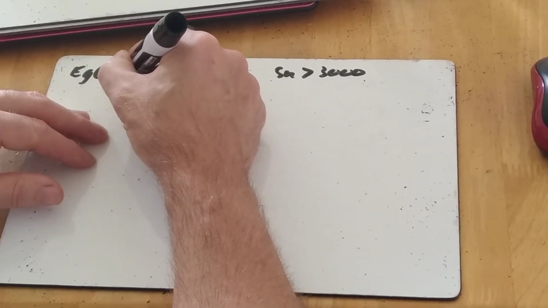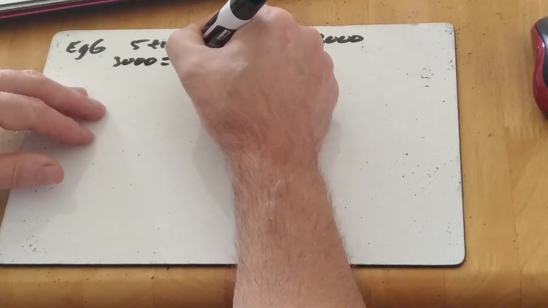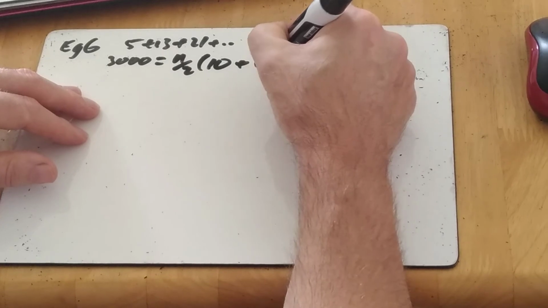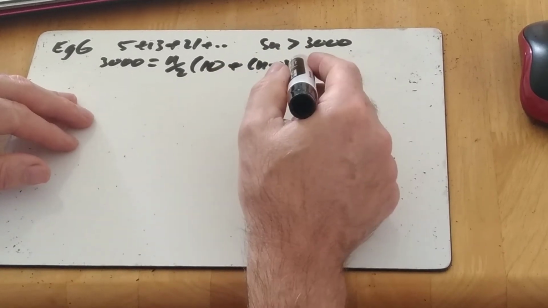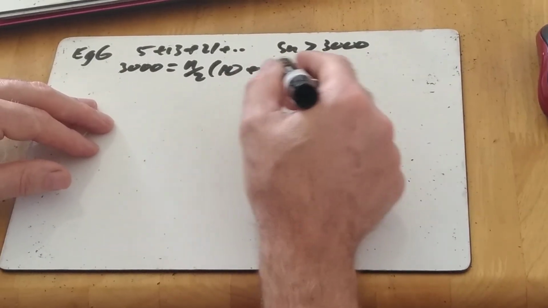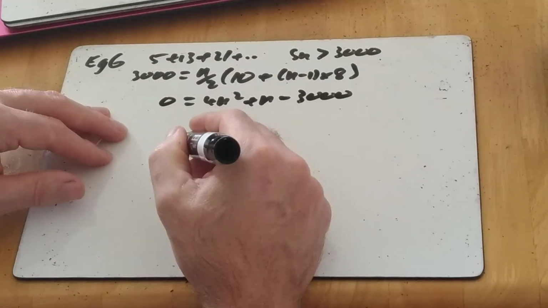So Sn equals 3,000. I don't know the last term, so I'm going to be doing n over 2 times (2a plus (n minus 1) times 8), and expand that. So I'm going to get 8n minus 8 plus 10, plus 2, divide by 2, 4n plus 1, so 4n squared plus n, and then minus 3,000 equals 0.